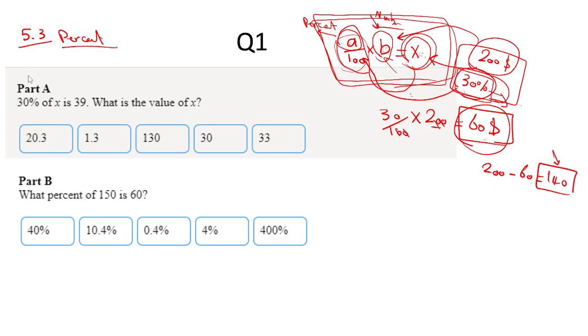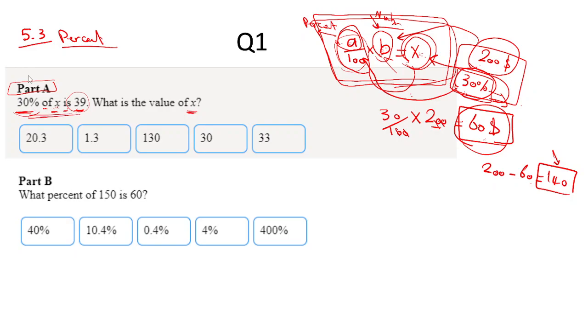Okay, so let's start with part A. Now it says 30% of X is 39. What is the value of X? So it's asking about the whole number. That means that 30% of this number is 39.